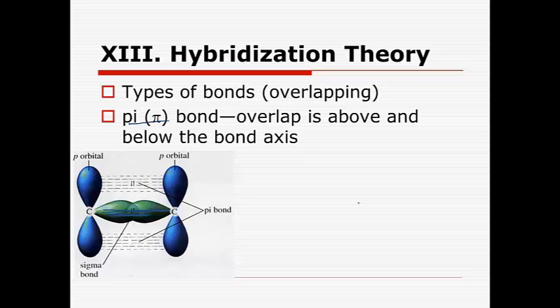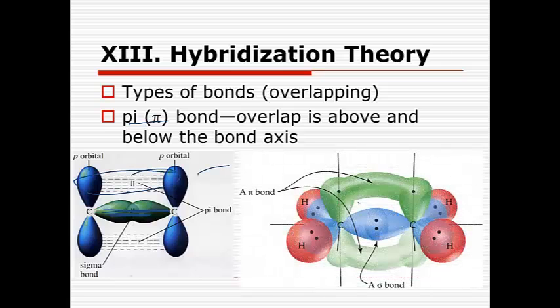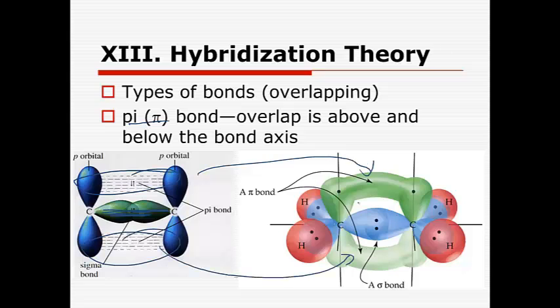When these actually start overlapping, the overlap looks like this. This overlap is this one right here, and this overlap is this one right here. These two overlaps together are only one bond, one pi bond. This is a sigma bond right here.